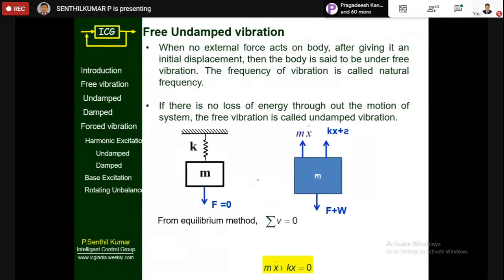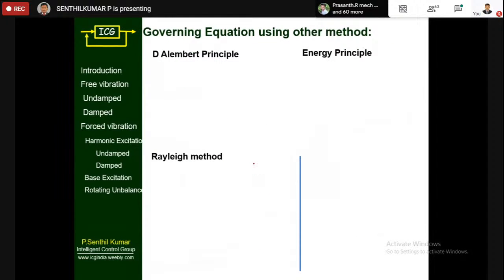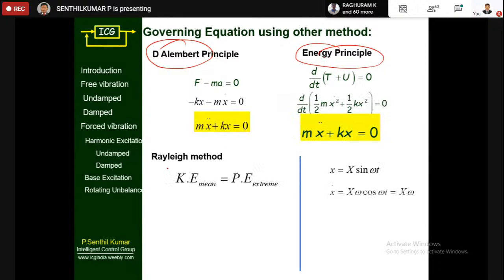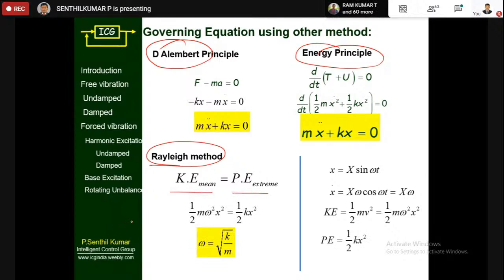There are many methods available to derive the equation of motion of a vibrating system. So what are the methods? D'Alembert's principle, energy principle, then Rayleigh method. What is Rayleigh method? Kinetic energy equals potential energy, and from that we will derive. Very simple.